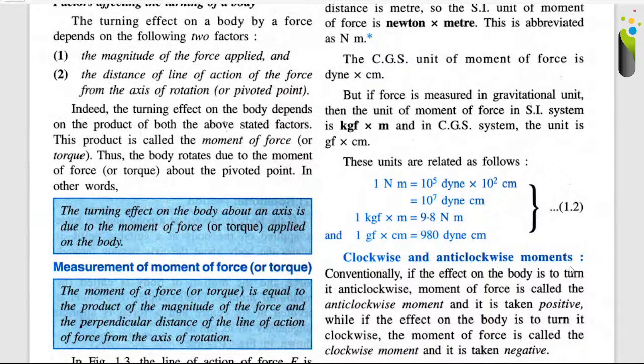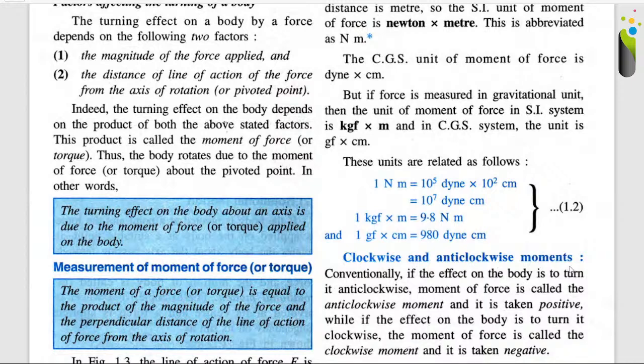These units are related as follows. 1 Newton meter is equal to 10 raised to 5 dynes into 10 raised to 2 centimeters. That is equal to 10 raised to 7 dyne centimeter. 1 kgf into m is equal to 9.8 Newton meter, and 1 gf into centimeter is equal to 980 dyne centimeter.